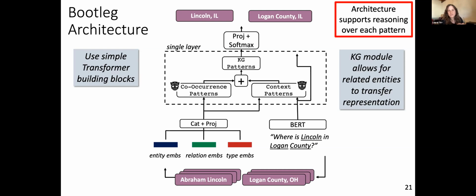Now, these output representations get merged together, and then we have this really special KG module. What this is doing is allowing entities to transfer representations if they are connected in the knowledge graph directly. These representations then get scored, and then we predict the most likely one.